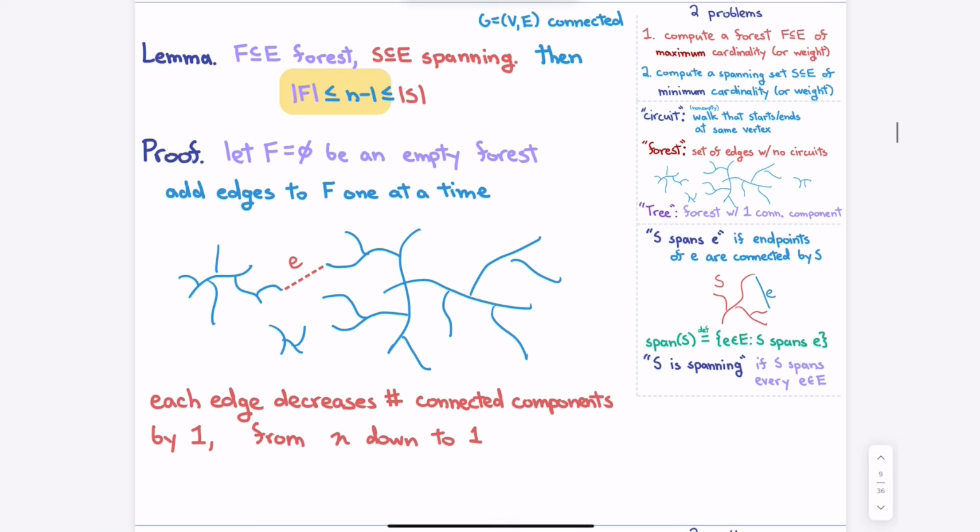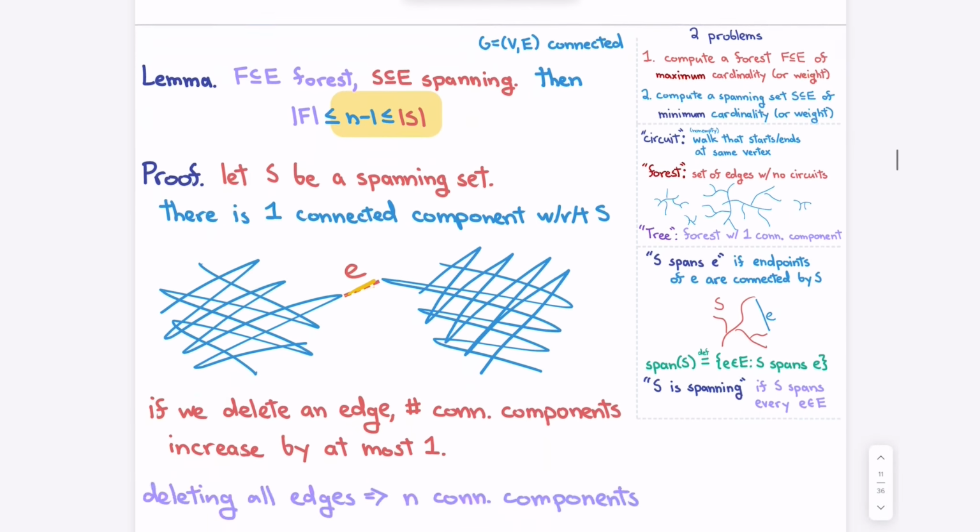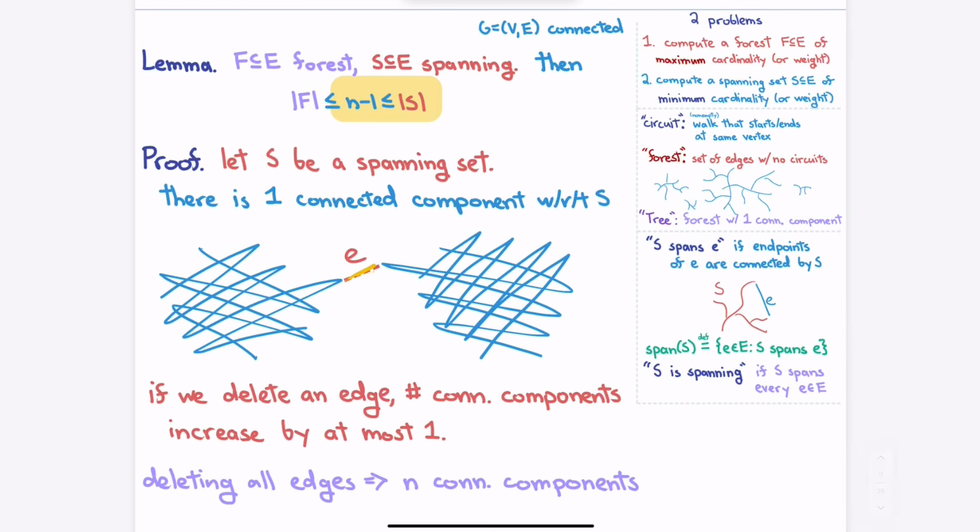Our proofs weren't necessarily complicated. This one was sort of counting edges as I deleted edges from a forest. In this one, I'm counting components as I delete edges from a spanning set. So not very complicated arguments.